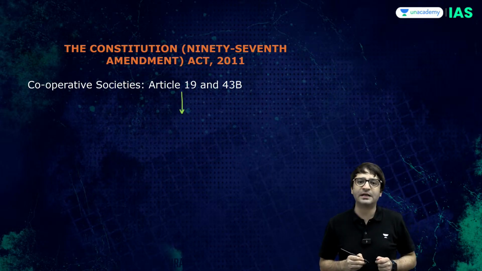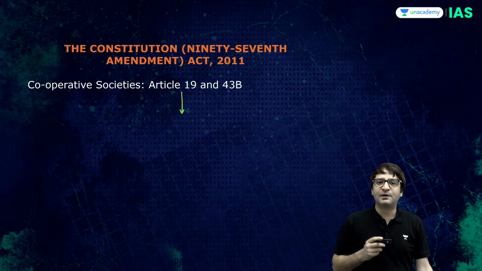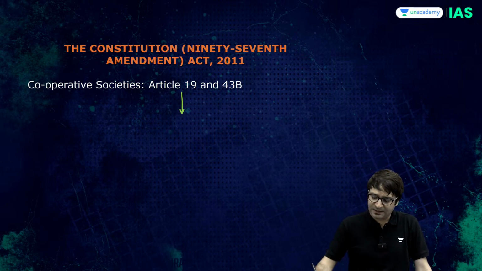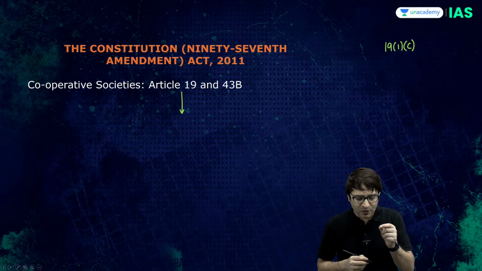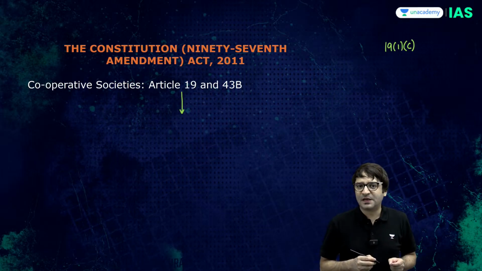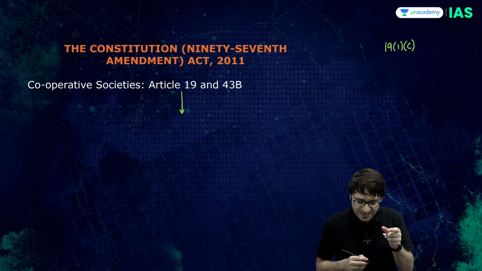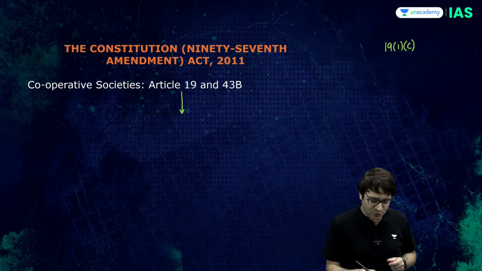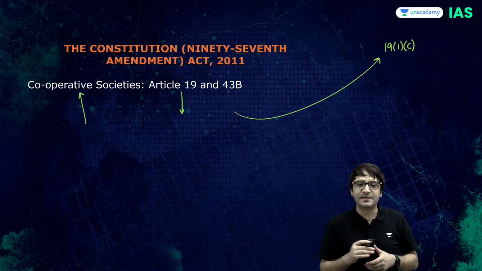The year was 2011. Under Article 19(1)(c), we have a fundamental right which says that all citizens have the fundamental right to form unions and associations. And in 2011, the words cooperative societies were added under Article 19(1)(c).